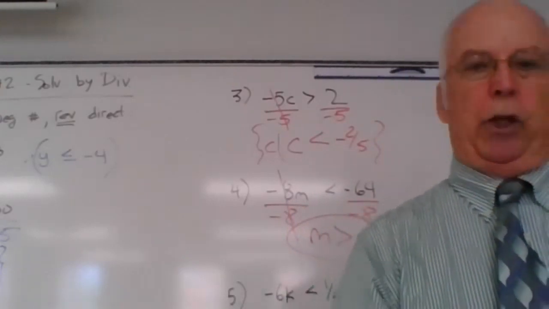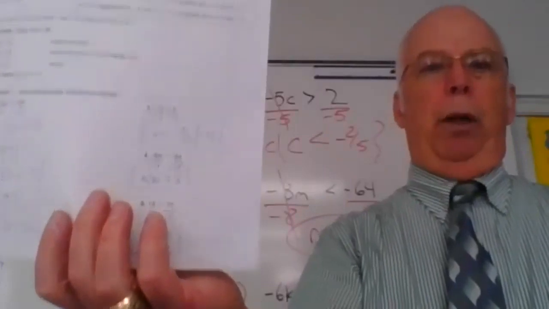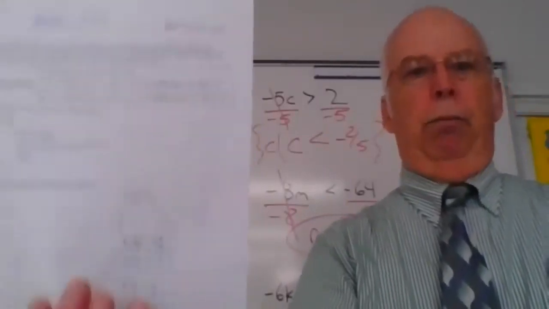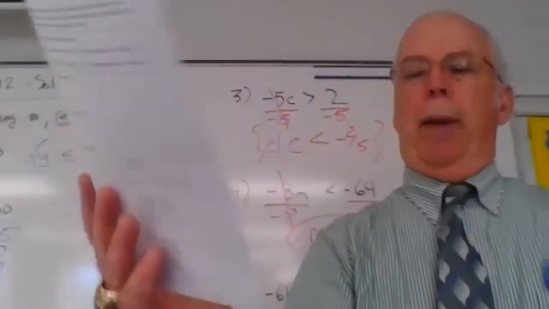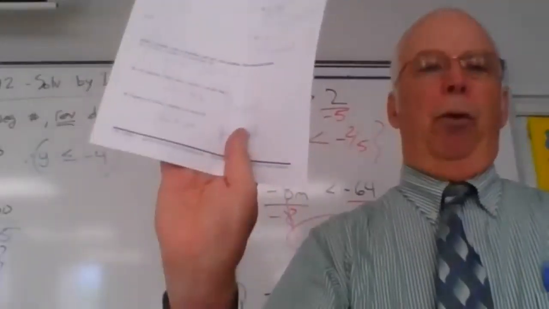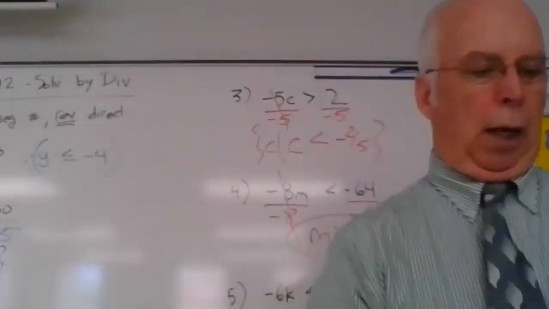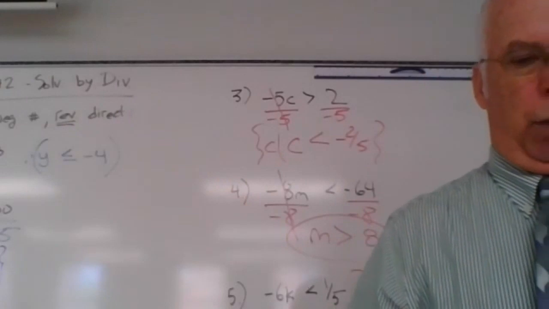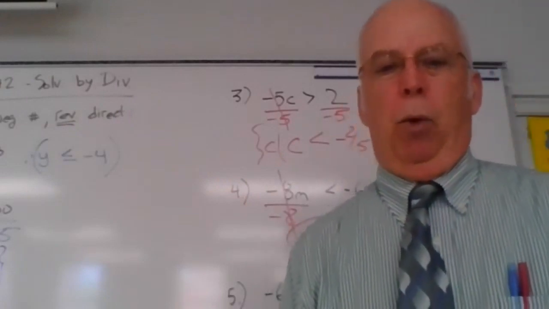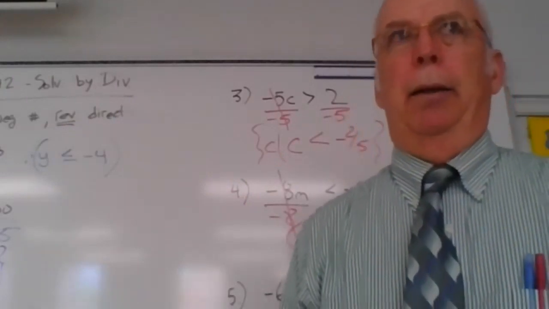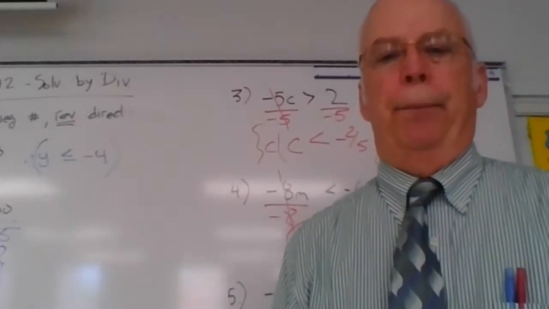We did side 1, problems 1 through 6. On the back side, there's 7 through 19, so there's another 11 or 12 problems. Work on those today and have that all ready to go when we come back Monday a week from now.